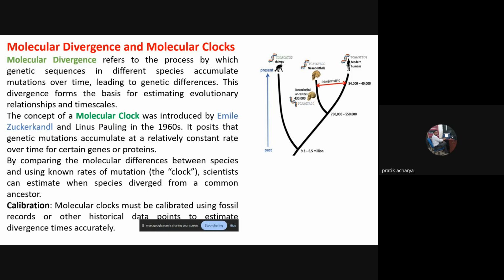Whether our evaluation is correct or not, we can compare those evaluations with fossil records. If fossil records and our evaluation are almost similar, then our evaluation is correct. This is the present proof from the fossil record. That is the importance of molecular clock.